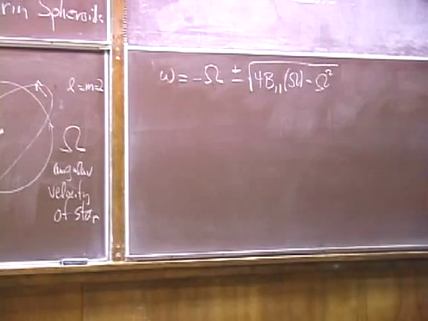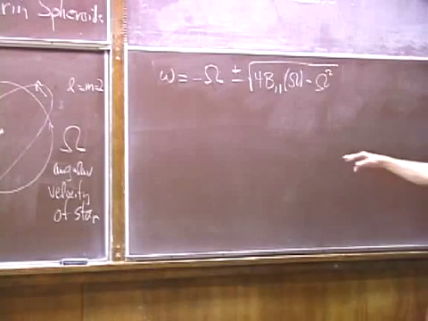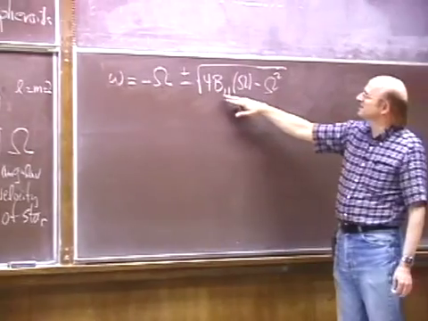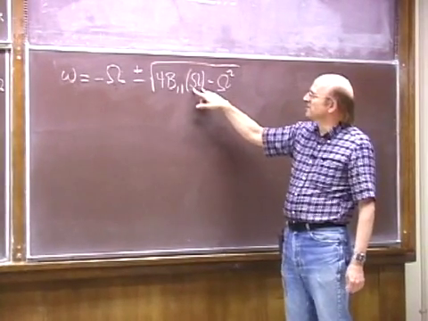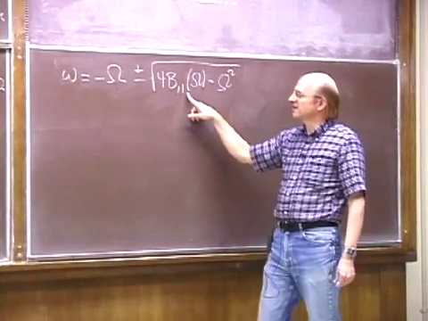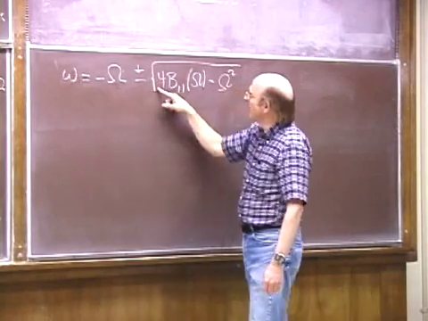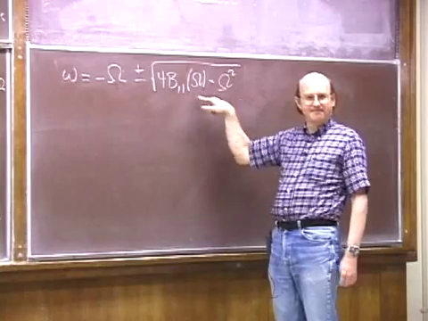So it's some complicated function of the angular velocity. I could write it down, but you can look it up if you're interested. It has the property that as omega goes to 0, this just goes to some constant. So in that case, the frequency of these two modes just go to plus and minus some number.